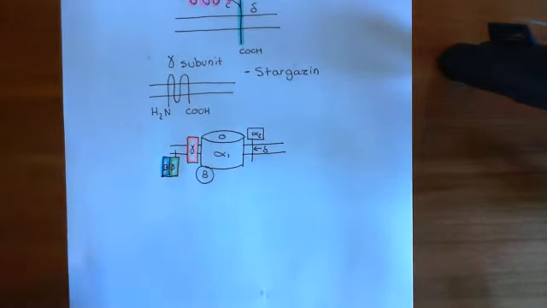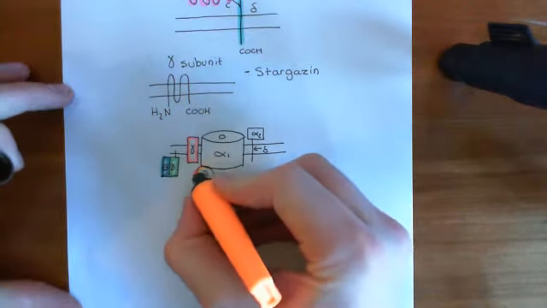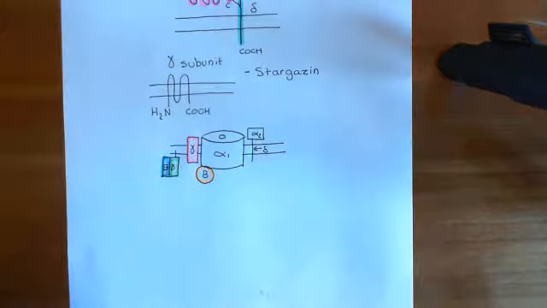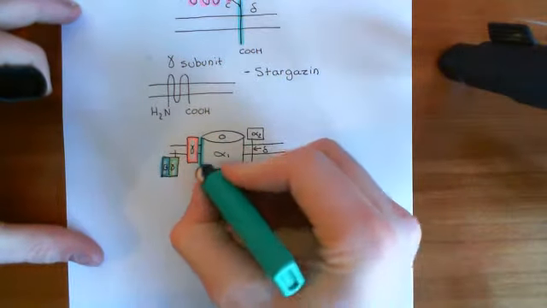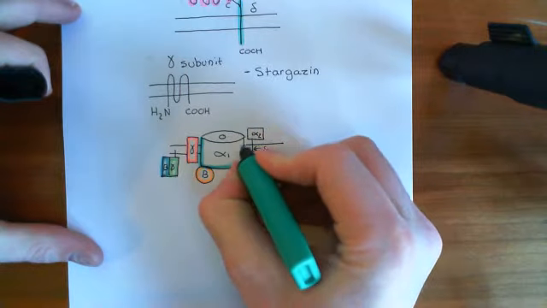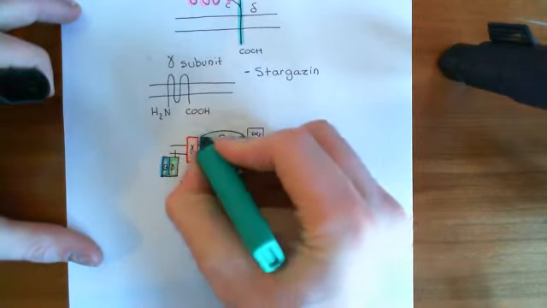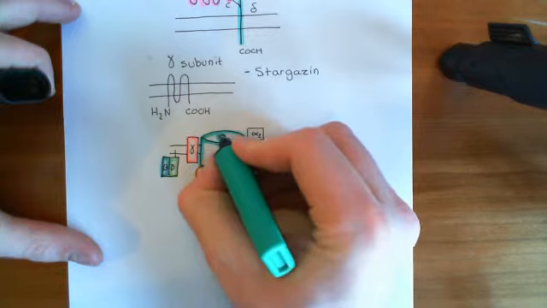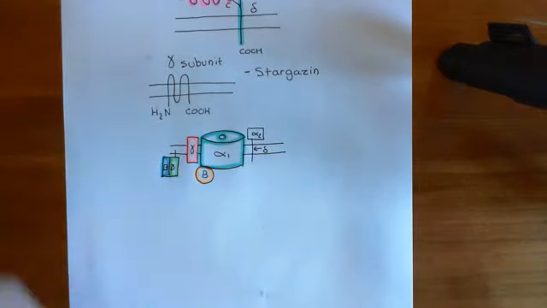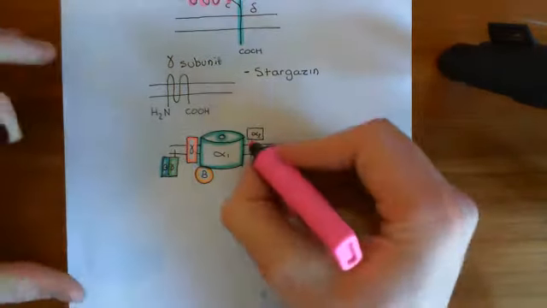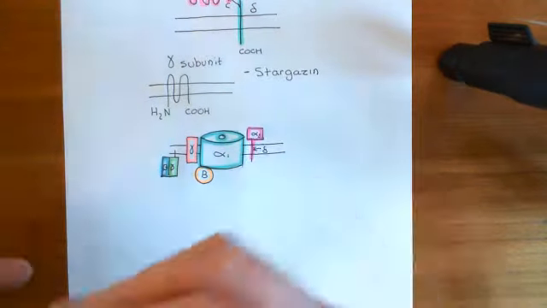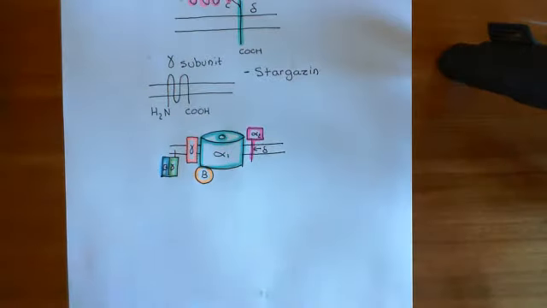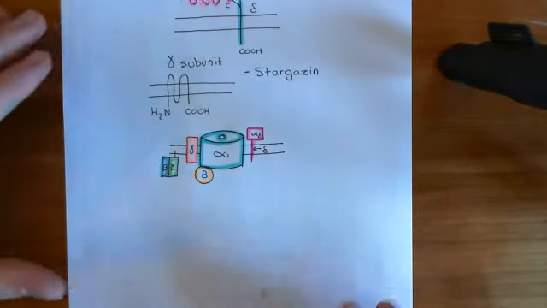We'll colour in the beta subunit of the voltage-gated calcium channel in orange. We'll colour in the alpha-1 subunit in turquoise here. And we'll colour in the alpha-2 delta subunit in vivid purple, I think. Right, so here's our picture. What this causes is inhibition of the voltage-gated calcium channel.